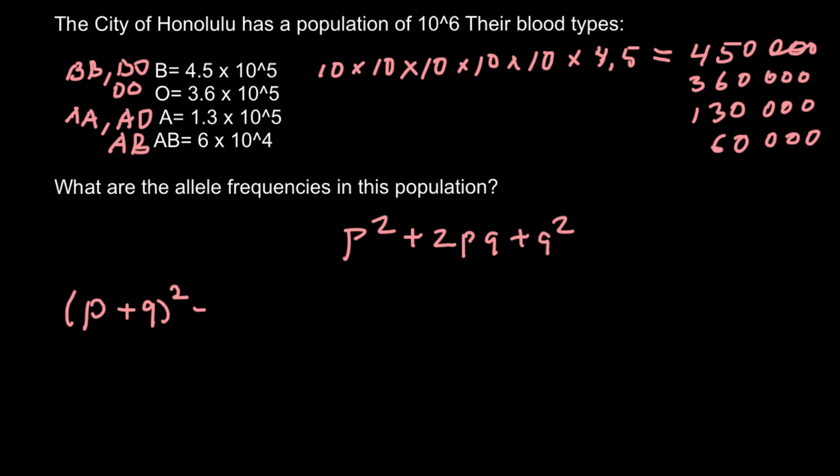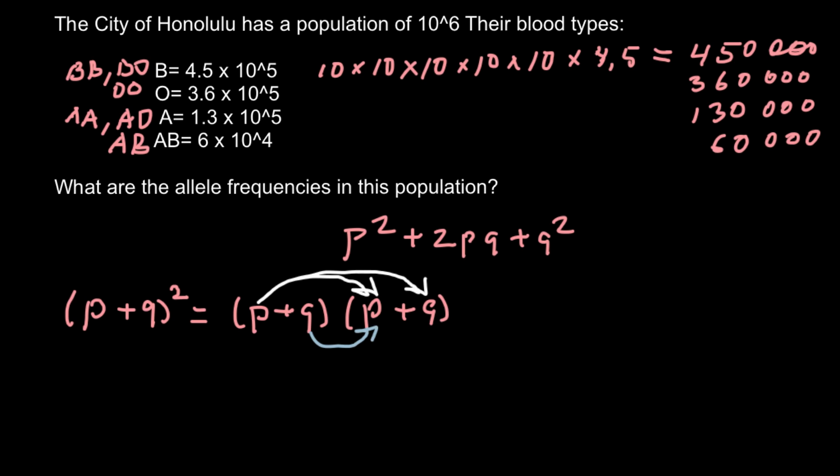So this equation is the same as P plus Q multiplied by another P plus Q. So now we multiply P by P, P by Q, and then Q by P and Q by Q. So this is how we got this equation here.